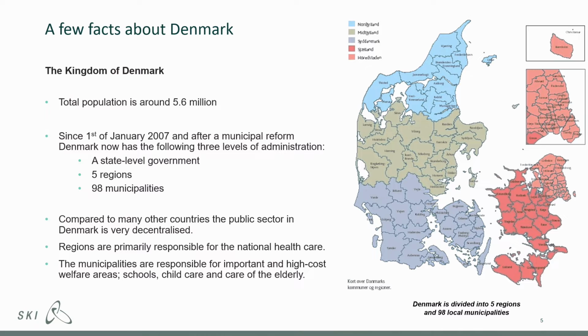We have, of course, 3 levels of government. The ministries, then we have 5 regions that are focusing on healthcare primarily, and then 98 municipalities. Even though there are roughly 20 ministries, that does not add up to 1,200 customers in the public sector, as Christina mentioned earlier.